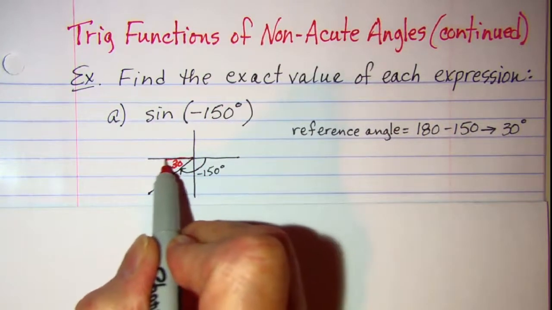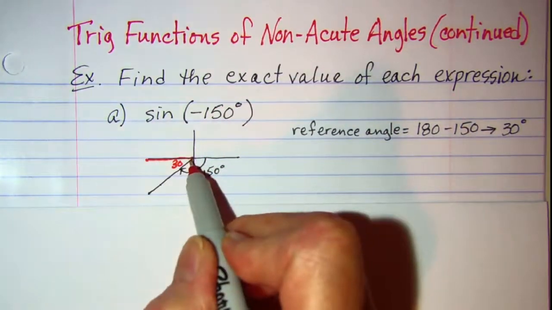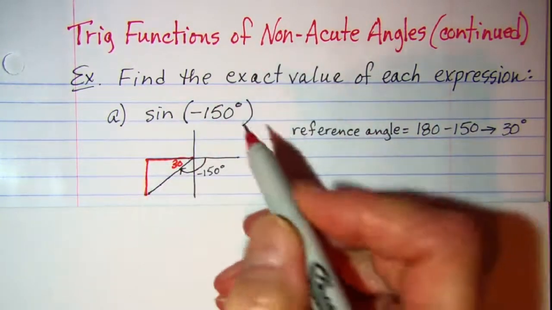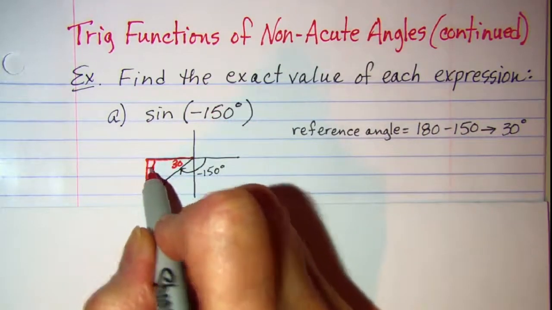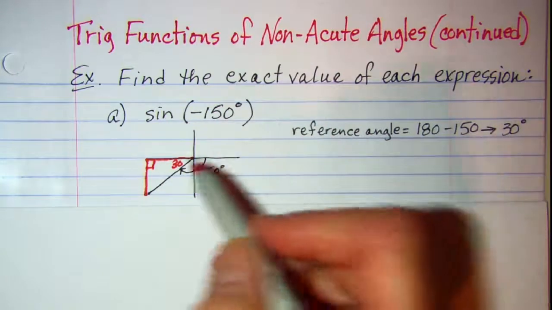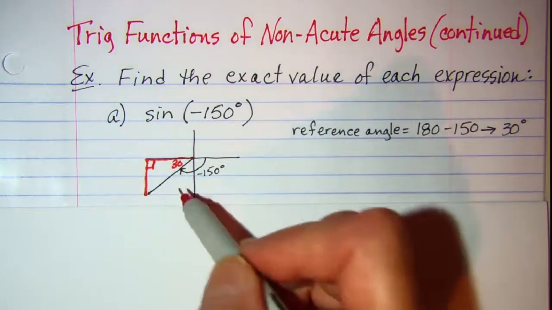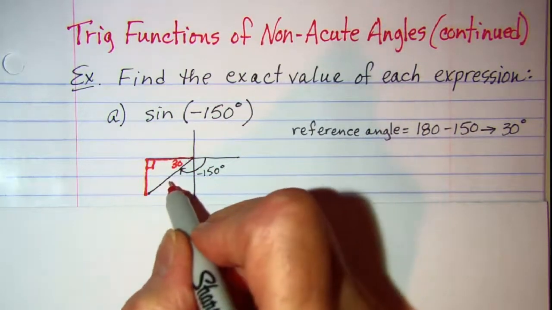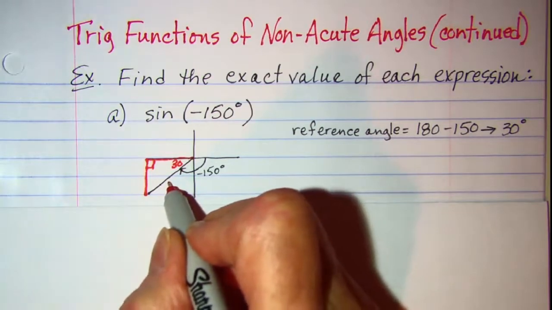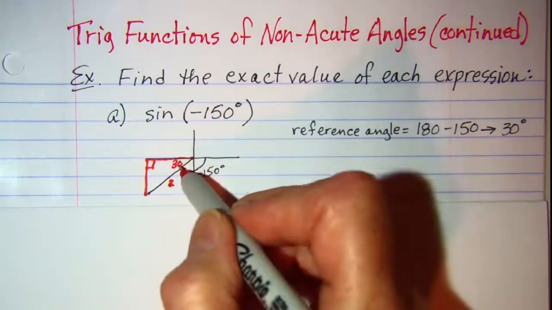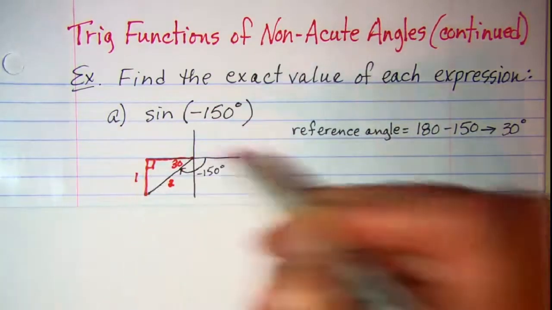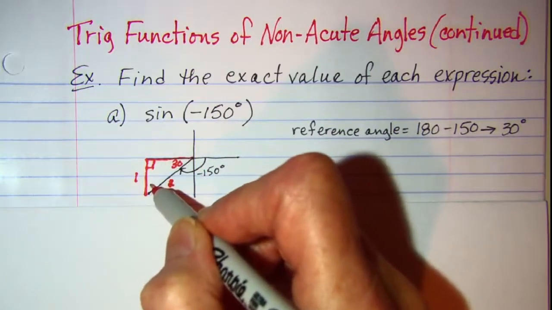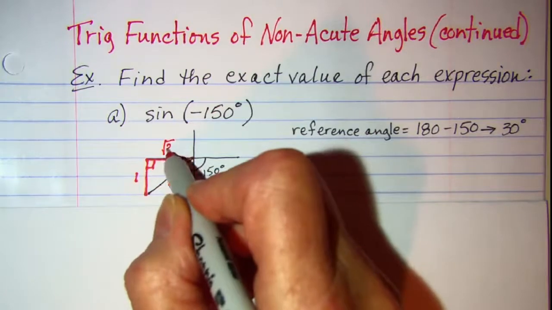Our reference triangle then is formed with one side on the x-axis, and the other side parallel to the y-axis, and our right angle is here. And we can see that we have a 30, 60, 90 triangle. So for convenience, we let our r value be 2, and then the side opposite the 30 is half of that, so it'll be 1. And then the side opposite the 60 is the square root of 3.